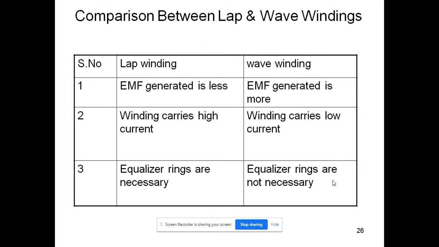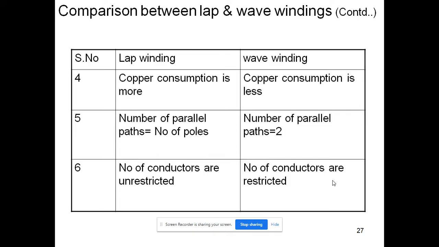In a lap winding, equalizer rings are necessary, whereas in wave windings, these rings are not necessary. The copper consumption in a lap winding is more.